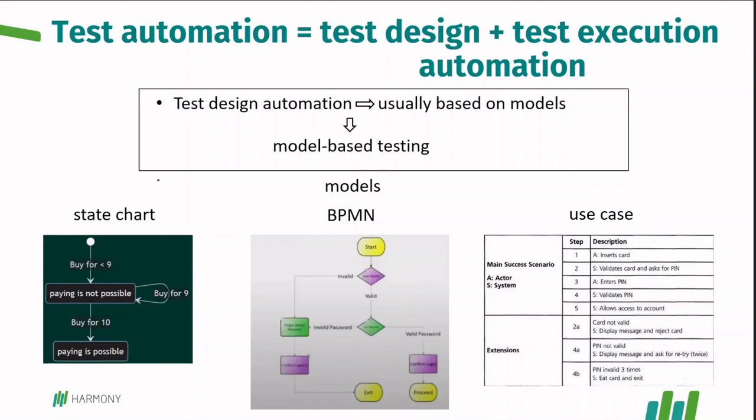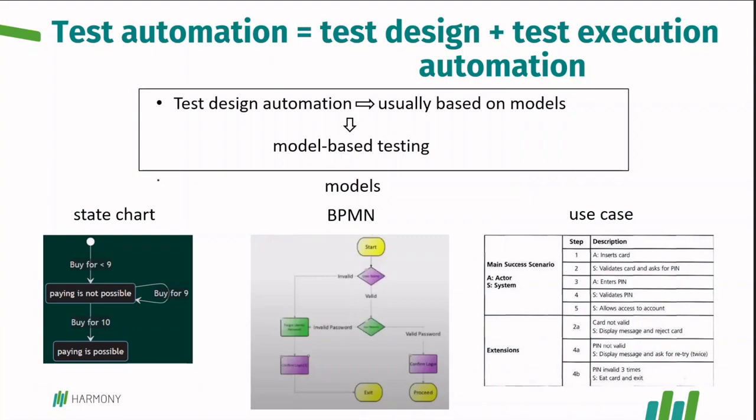On the left-hand side, you can see the state chart where the states are involved. In the middle, there is a stateless solution, business process model and notation. And on the right-hand side, there is a textual model, the use cases. But you can do anything.